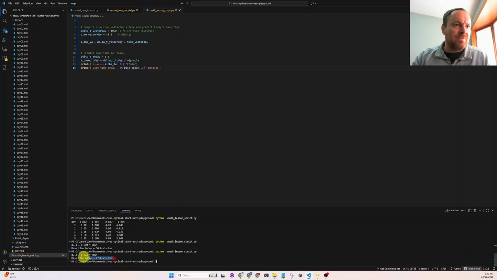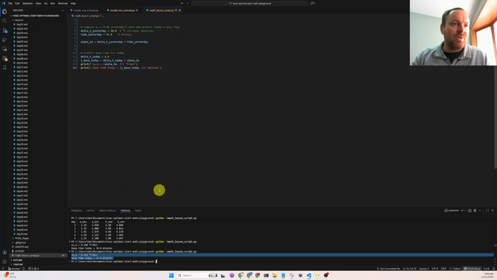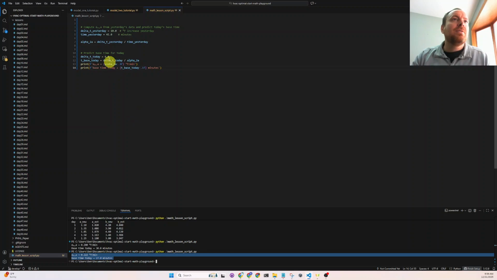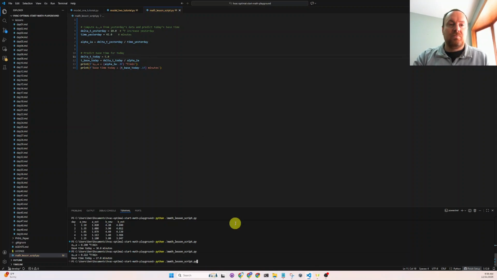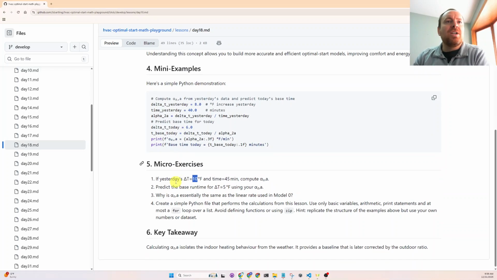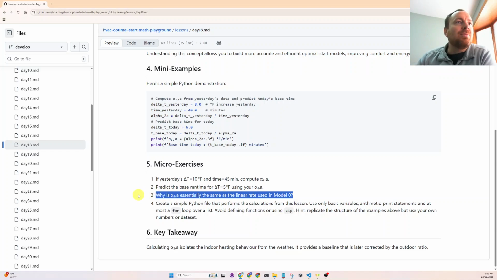So this is where we're at. 0.222 degrees Fahrenheit per minute. Base time today is 27 minutes. And then this called 5 degrees. Here we're at 22.5 minutes. Nothing too crazy. So why is alpha A essentially the same as the linear? Yeah, so it is essentially the same. We just talked about that.